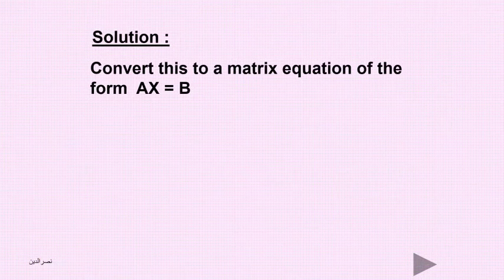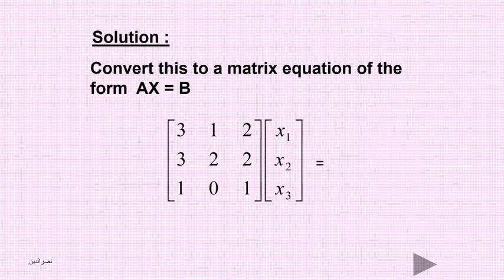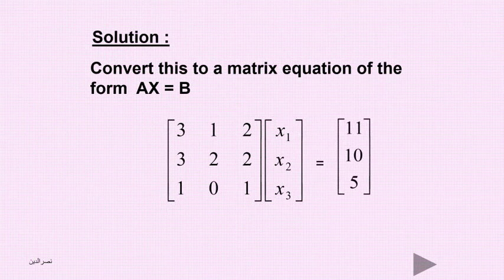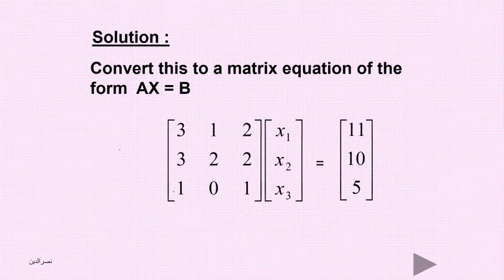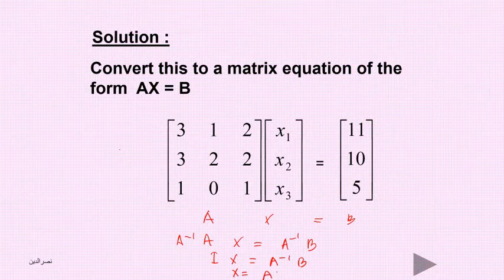Here the equations are converted to a matrix equation in the form of AX equals B. This is A, this one is X, and this one is B. In order to eliminate A on the left hand side, we need to multiply by A inverse on both sides. A inverse times A is identity. Therefore, X is equal to A inverse B.